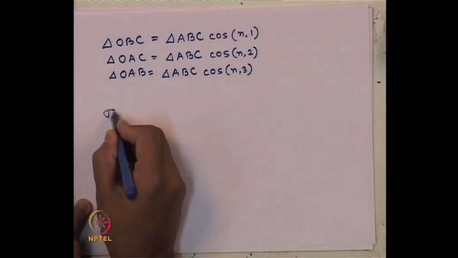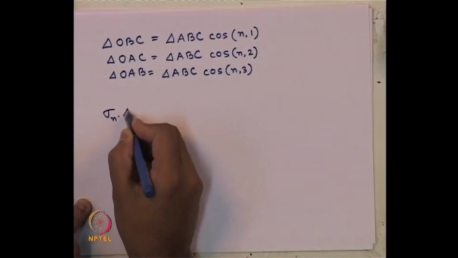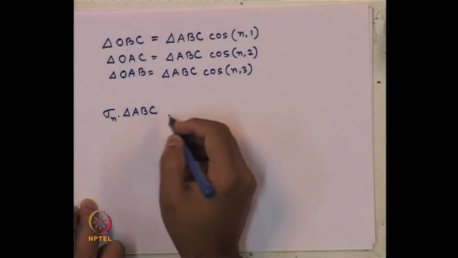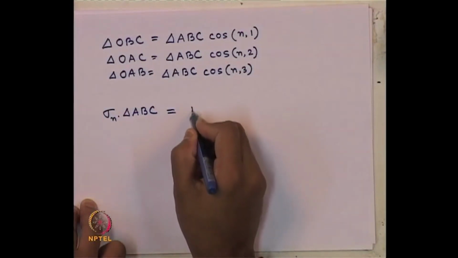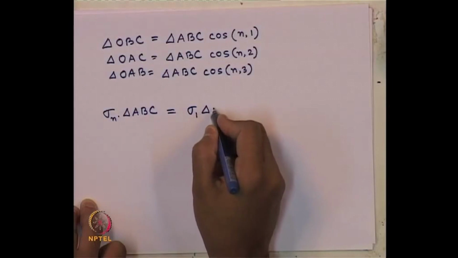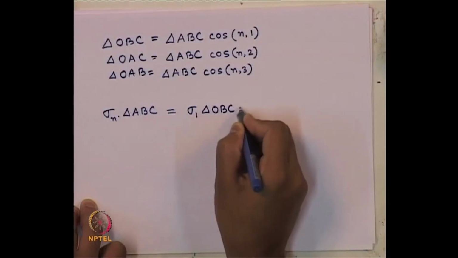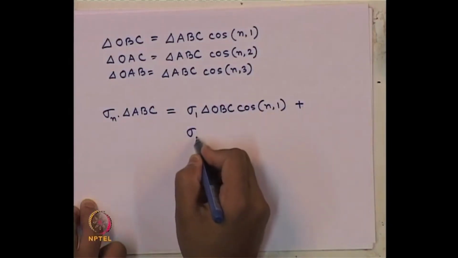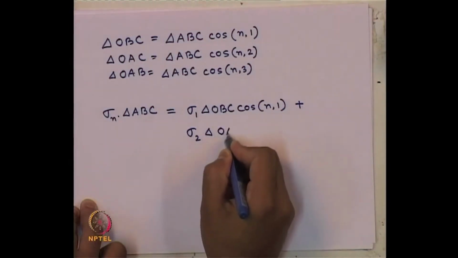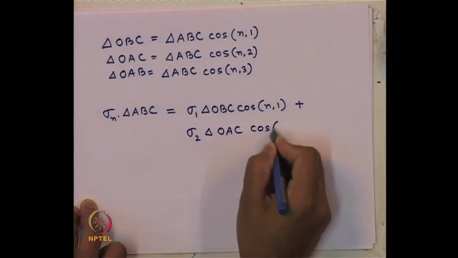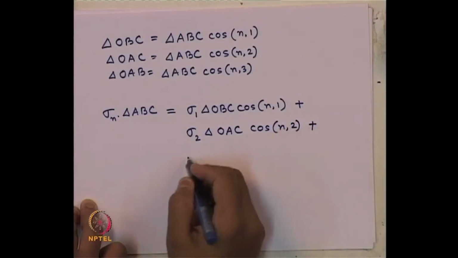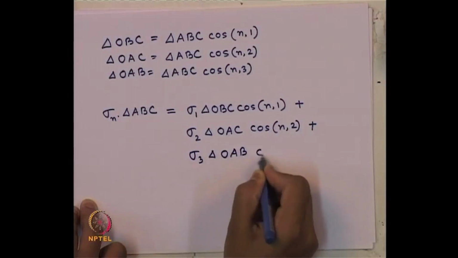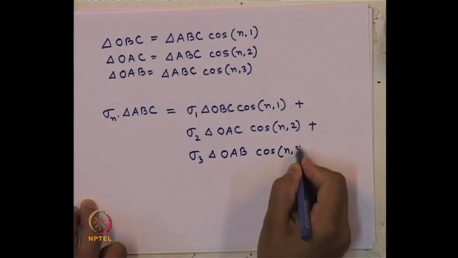The total normal force will be the normal stress times the area of that inclined plane, which will be equal to sigma 1 times OBC cosine n1 plus sigma 2 times OAC cosine n2 plus sigma 3 times OAB cosine n3.